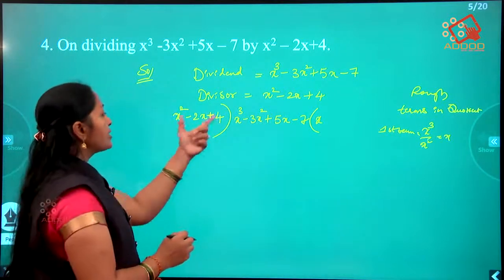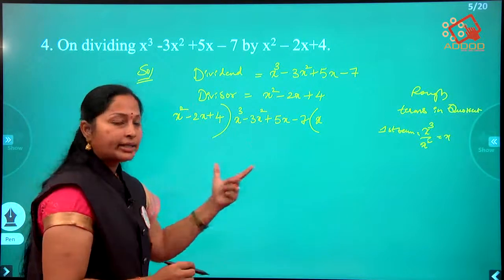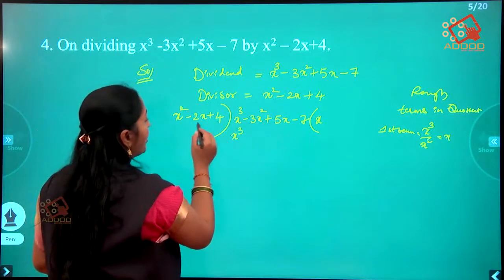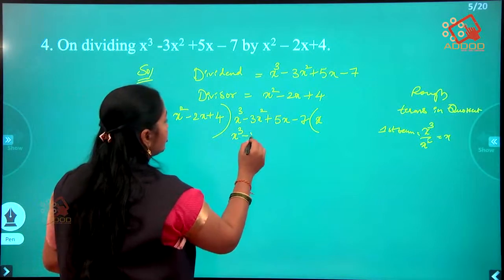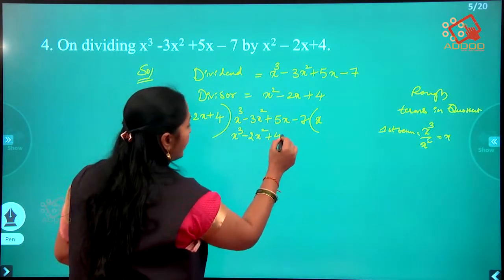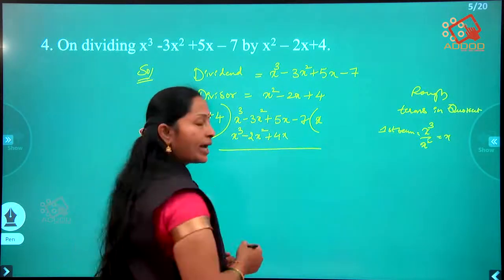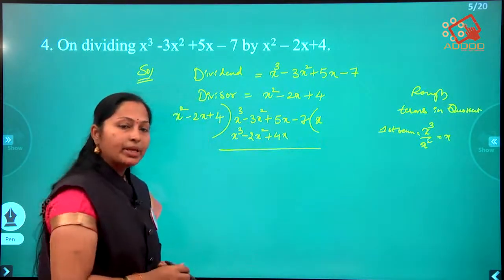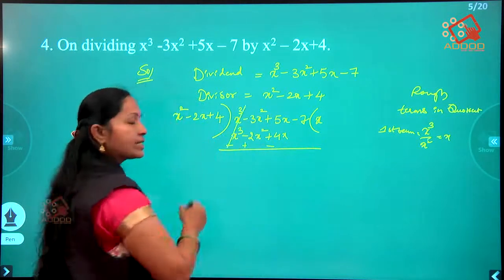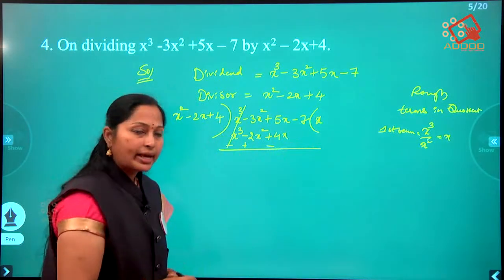Now multiply the full divisor with x and write here. x square into x is x cube, minus 2 into x is minus 2x square, plus 4 into x becomes 4x. Now subtract. When we subtract, the signs will be interchanged. Minus, plus and minus. Plus x cube and minus x cube will be cancelled.